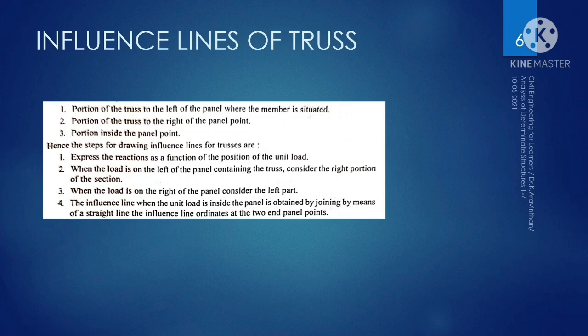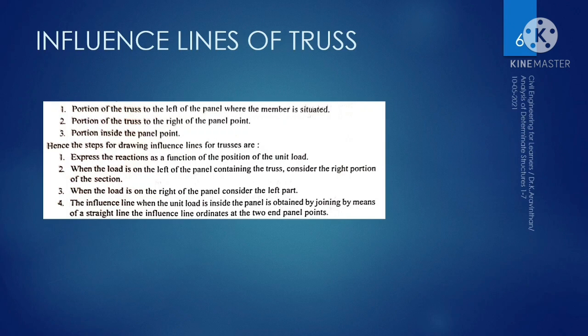Here we have to find the reactions, that is the upward force. We can use the functions (L minus X) divided by L, and X by L. These are the two functions which we have already derived. So we will use these functions for identifying the reaction.